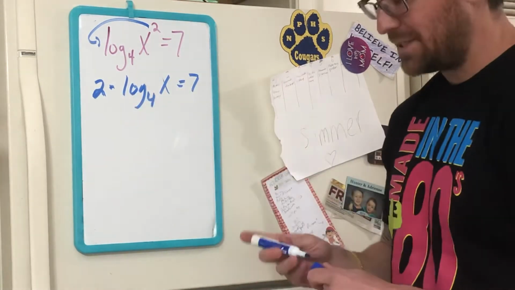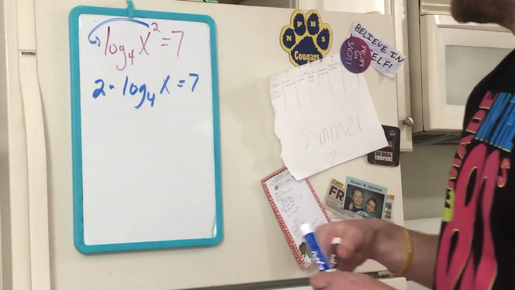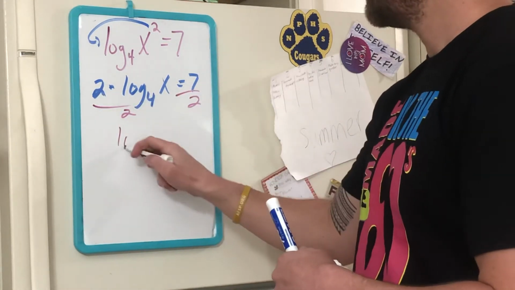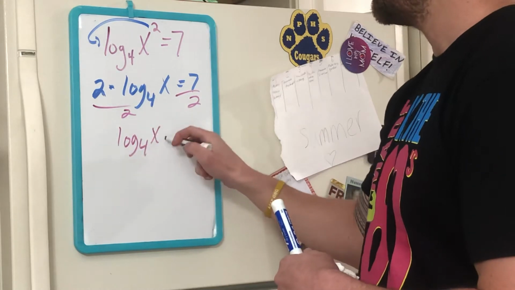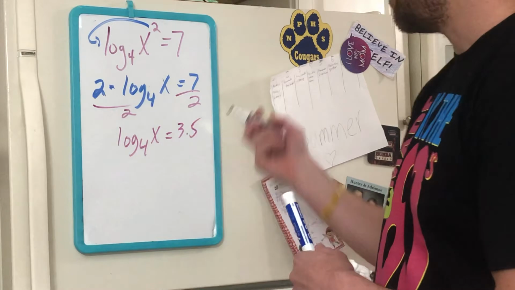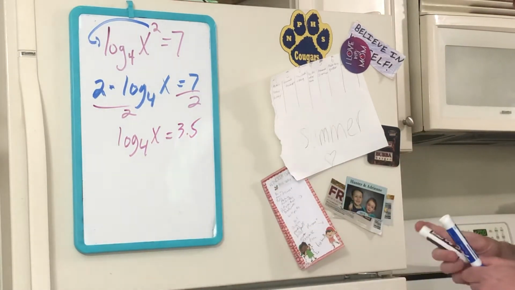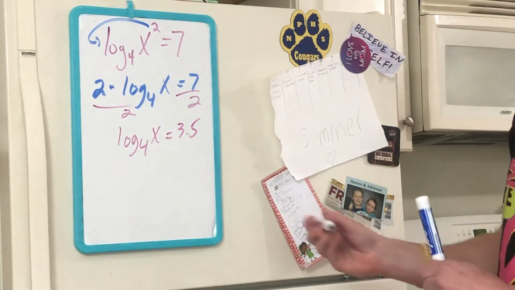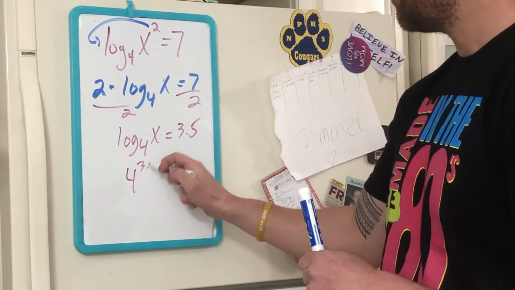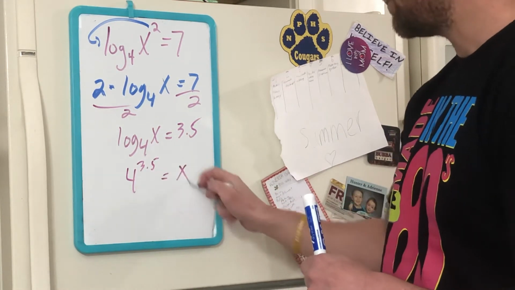Now to get rid of that 2, we can divide both sides by 2, so that becomes log base 4 of x equals 7 over 2 or 3.5, however you want to do it. And then to finish this off, 4 to the 3.5 power equals x.